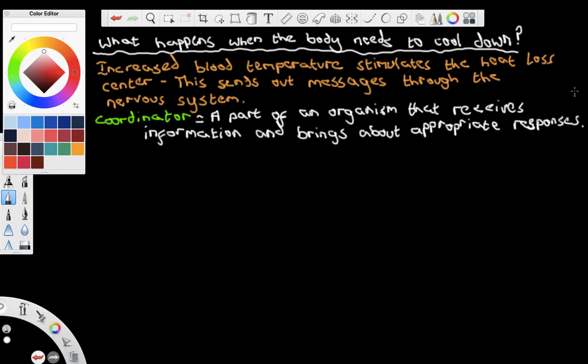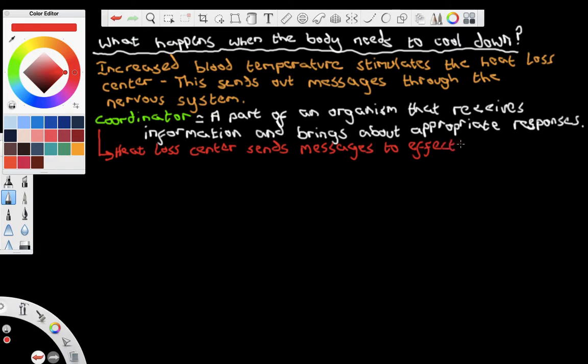So essentially, the heat loss center sends action potentials along neurons to effectors. So I'm just going to put underneath here that the heat loss center sends messages to effectors along neurons.